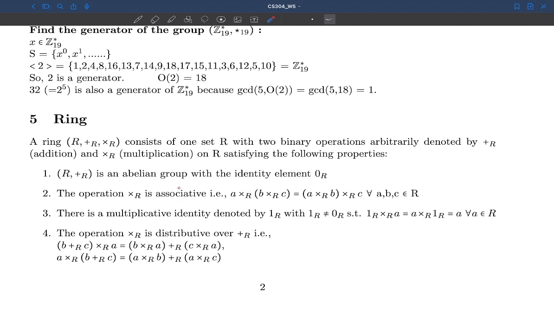For a group we need associativity, identity, and inverse. On the second operator, the first two conditions are included here: associativity, and the multiplicative identity, that is the identity of my second operator. The only thing missing in these conditions is that the inverse should exist with respect to the second operator for all elements.